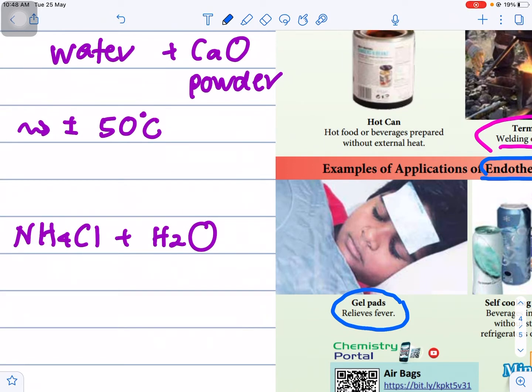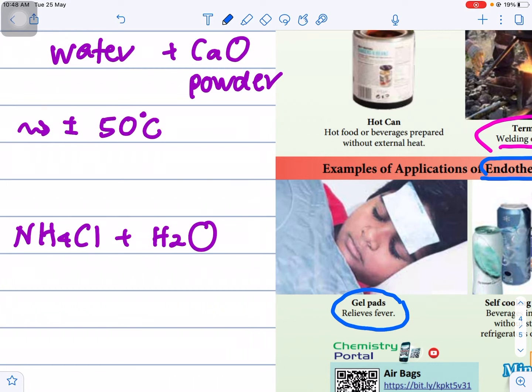When we want to use the gel pad, we just squeeze it, and the layers separating the ammonium chloride and the water will break, making them mix. When ammonium chloride and water mix together, this reaction absorbs heat from the surrounding. As an effect, the temperature of the surrounding will drop, so the pad will be cool. That's why it is known as the cool pad.